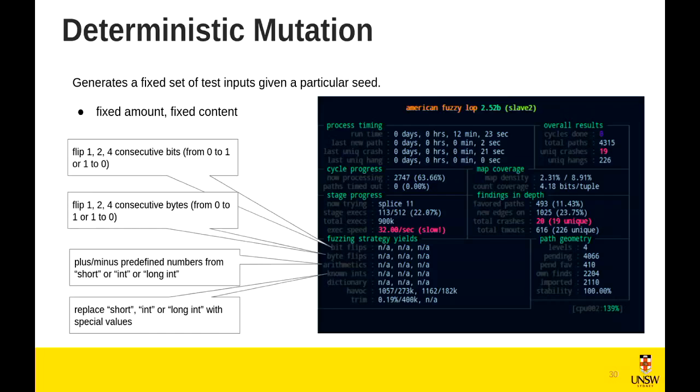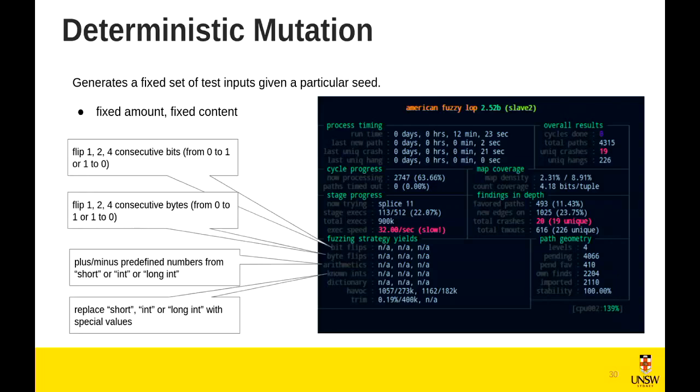And it also has some interesting integers to be inserted. It will try to replace. AFL actually maintains a list of interesting integers for short int and long int. Basically, those are the extreme values or zeros or 2 to the power of something.